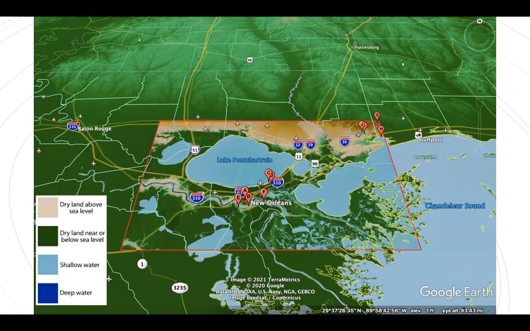Next, we have the elevation layer. This is a map of New Orleans, looking into the elevation of the levees and the city and seeing what is dry land below sea level, then shallow water, and then deep water.